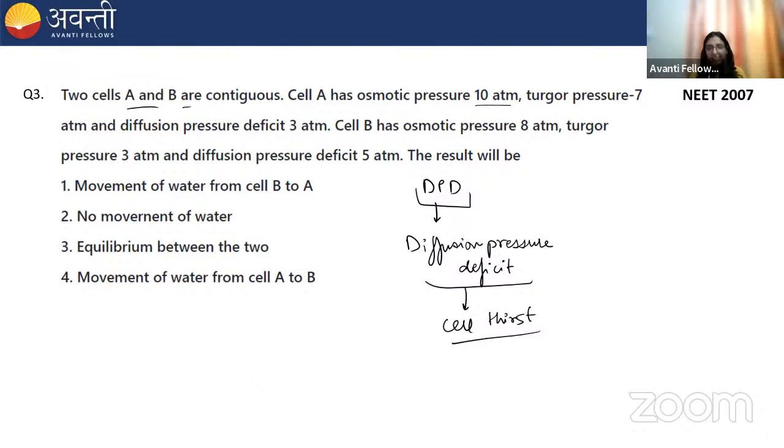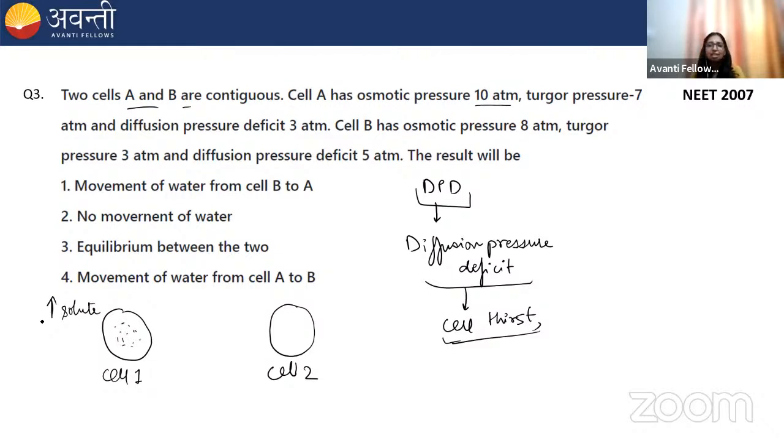So I'm going to explain the simplest way: DPD is diffusion pressure deficit, and we also call it suction pressure or cell thirst. For example, this is cell A. Let's keep it as 1 so that you don't get confused with the question. And this is cell 2. This cell has a lot of solute, high solute.